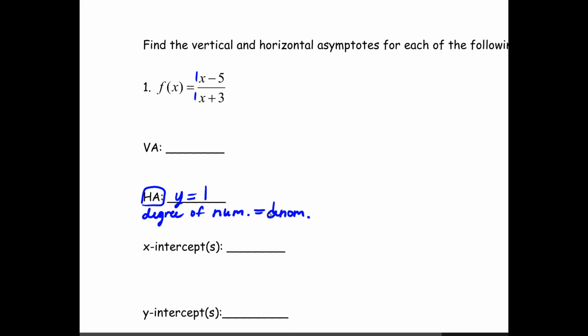So that's what I can do to start graphing. Create your x and y axis, and at the horizontal asymptote, at the value of 1, I know that my numbers are going to approach this horizontal line but never reach it. Then looking at the vertical asymptote, let's give ourselves a reminder.